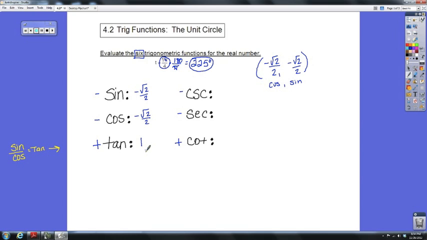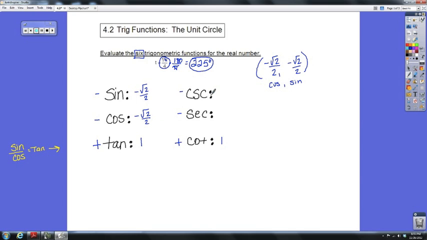So your tangent value is 1, and a negative divided by negative is a positive, so it turned out like it was supposed to be a positive. Let's go ahead and do the cotangent. The cotangent is the reciprocal of tangent, so the reciprocal of 1 would be 1. So that one was pretty easy, and those both turned out to be positive.